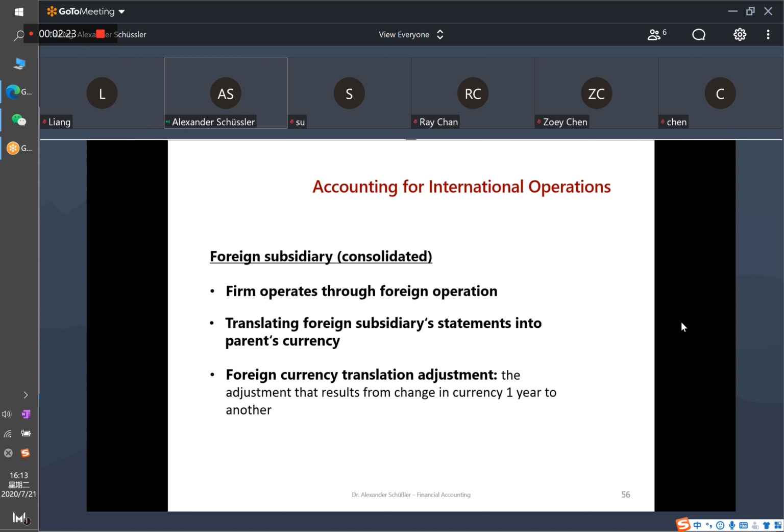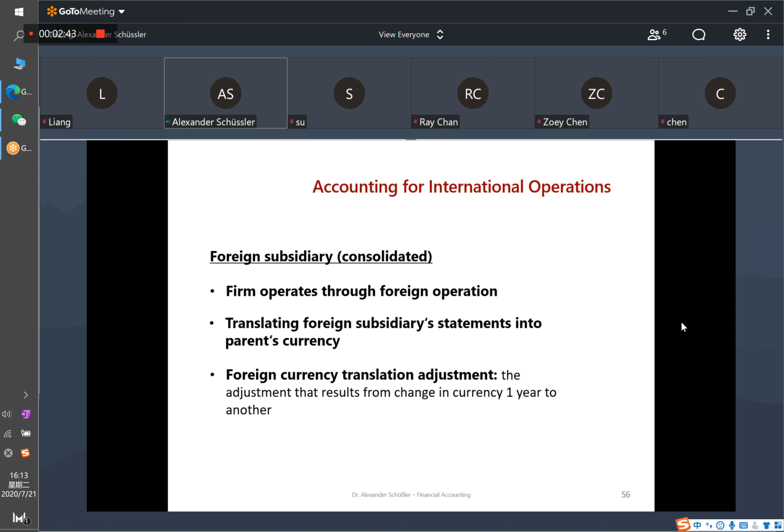The difference between this foreign currency translation adjustment and the transaction gain is that the translation adjustment appears as part of other comprehensive income. It does not influence net income.